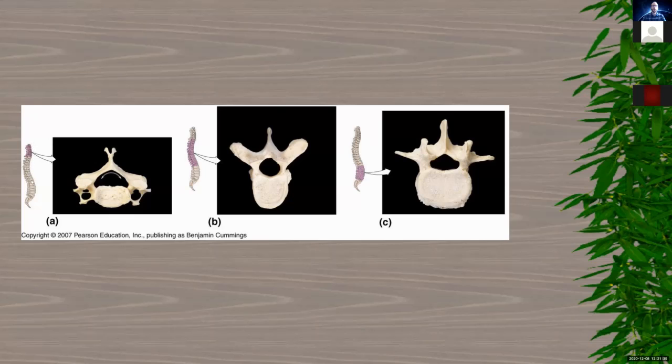But as you go down further, the thoracic vertebrae need to be a little bit bigger because now they're holding up more weight than the vertebrae at the top. Then when you get down to the lumbar region, these vertebrae are much larger. They have a much bigger body. They have much bigger processes to grab onto muscles than the cervical vertebrae.